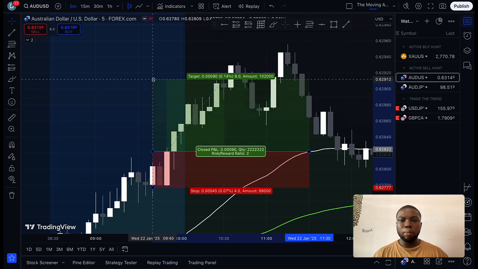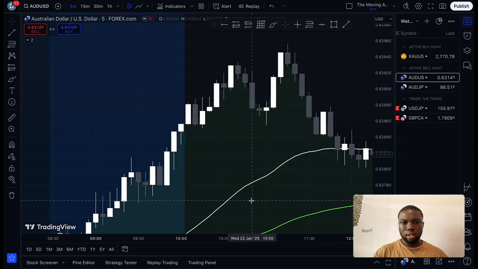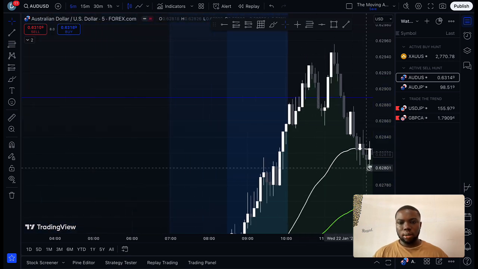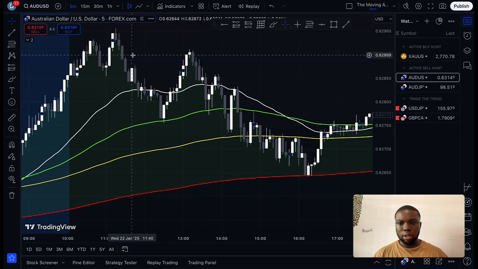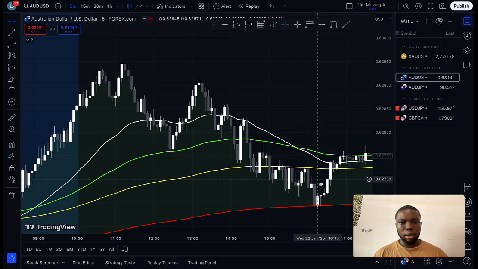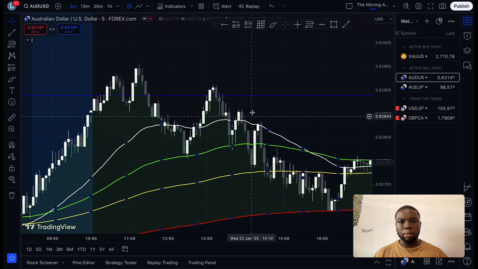If you waited a bit more for 1:2, also fantastic. So this was how the Australian dollar played out on Wednesday morning, and I think there was a bit of retracement from there back here. So it should be out before all this is happening because of this line.